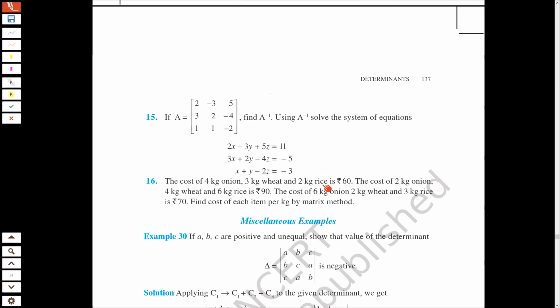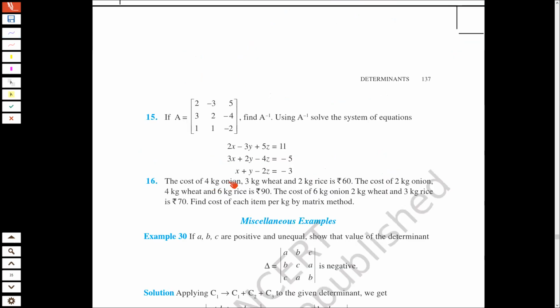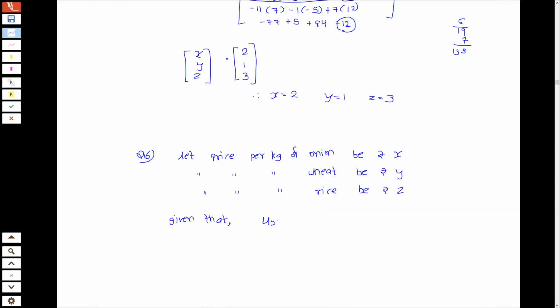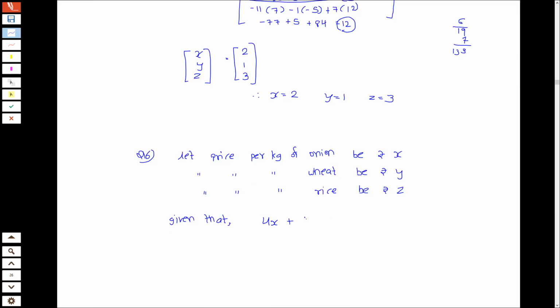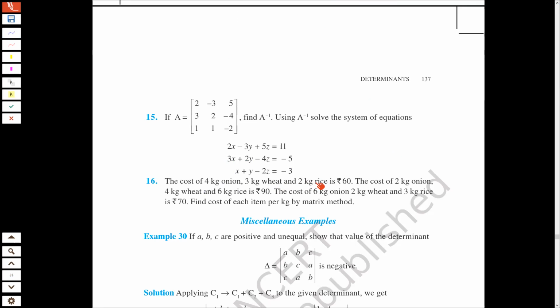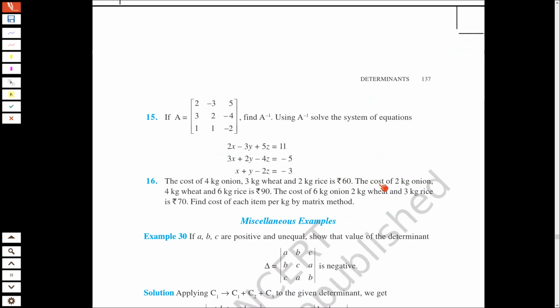And per kilogram of rice be Z rupees. Now, given that 4 kilo onion 4x plus 3 kilo wheat 3y and 2 kilo rice if we buy, it means 2z, then 60 rupees is the total cost.